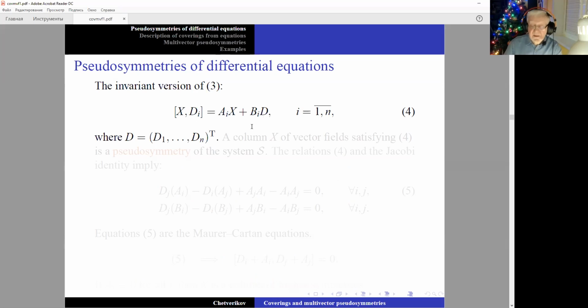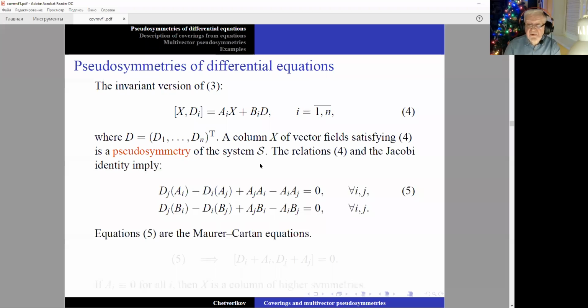And a column X of vector fields satisfying the conditions 4 is called a pseudosymmetry of system S. The relations and the Jacobi identity imply this relation. Equations 5 are called the Maurer-Cartan equations, the well-known equations.